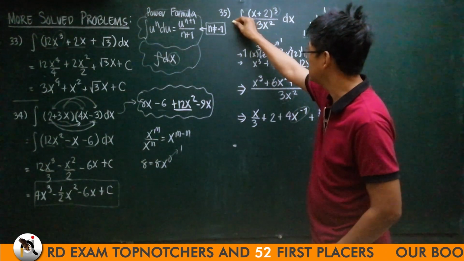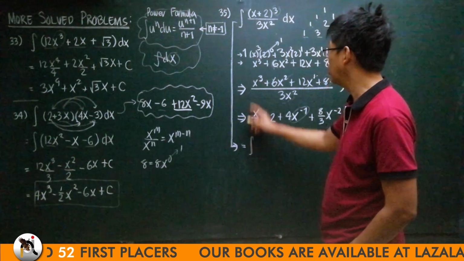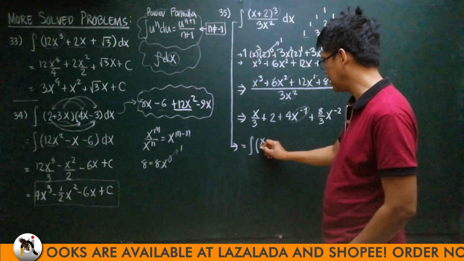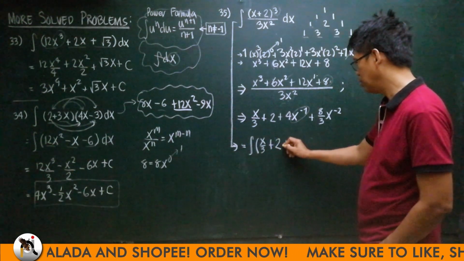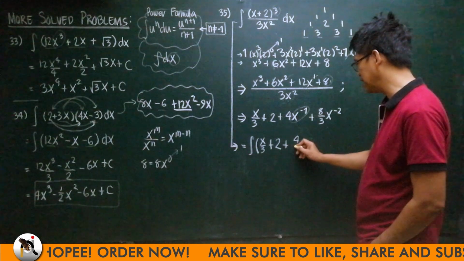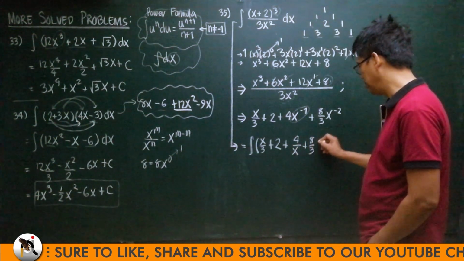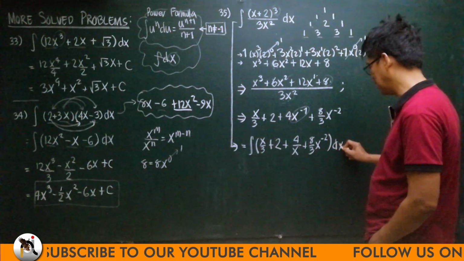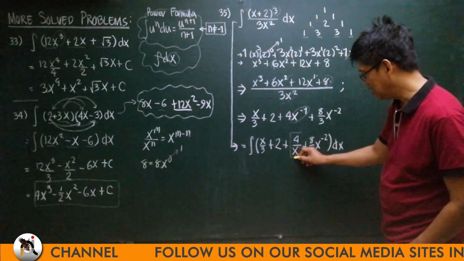So therefore you have here, the integral of this is going to be equal to the integral of this over this, x over 3, or 1/3 of x plus 2 plus 4, let me write it over x, plus 1/3 of x to the minus 2 dx. Notice that this one I wrote in this form.